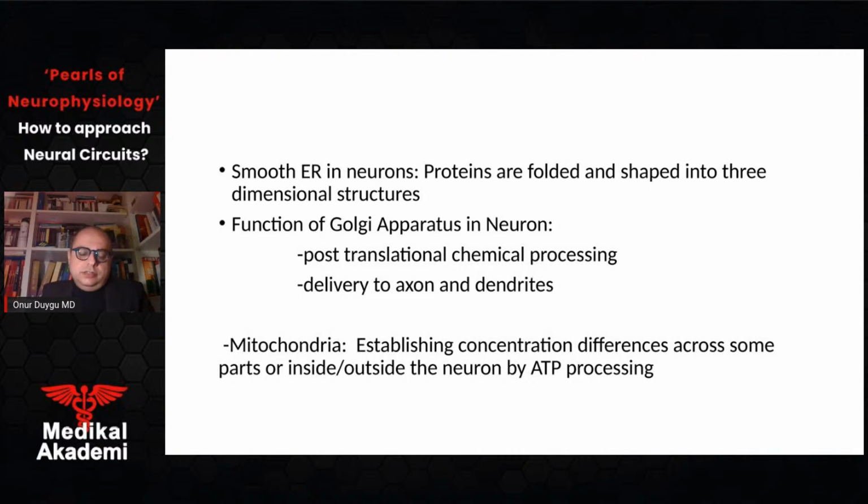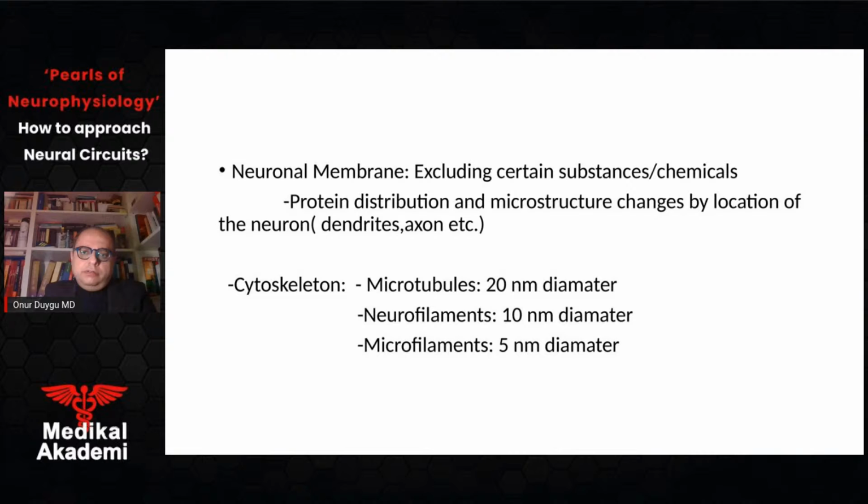And the mitochondria establish concentration differences inside and outside the neuron by ATP processing. The key point here is ATP processing, making a concentration gradient inside and outside the neuron.